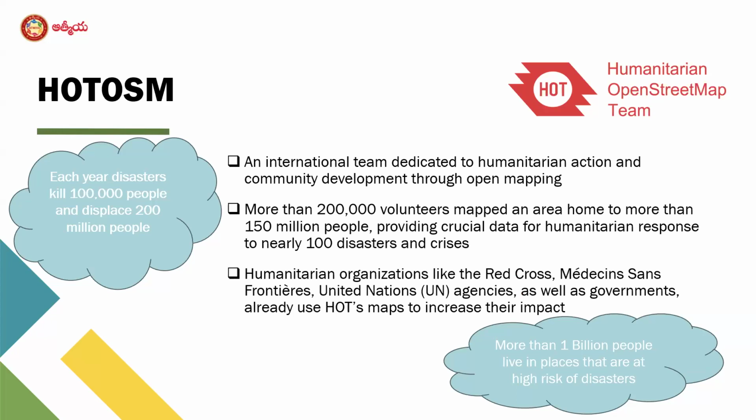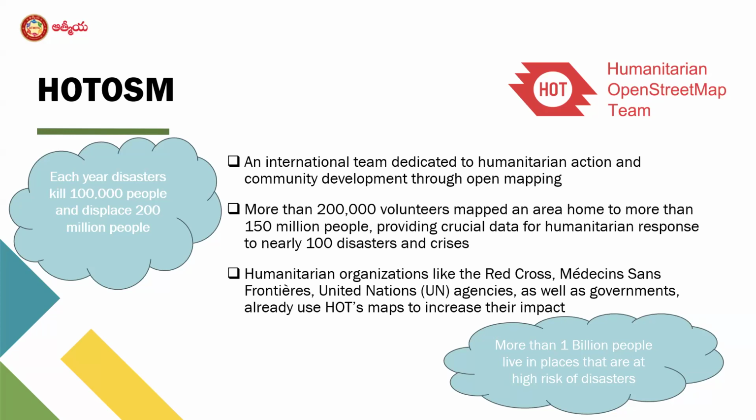And then these are some examples of organizations. Some of them are really big ones that have made very big impacts due to the data that volunteers have provided. As you can see, there's Red Cross, Medecins Sans Frontieres, the UN, and then governments also have their own disaster response teams.